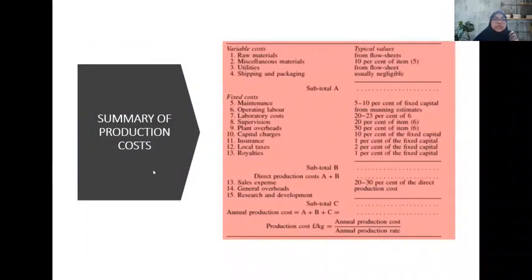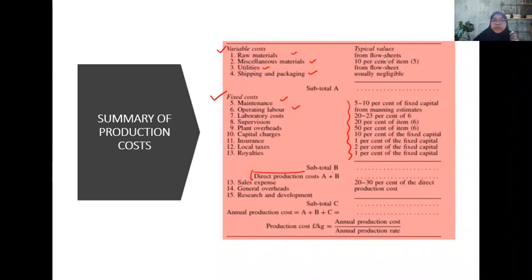Okay, this is the summary for the production cost. By considering the variable cost, including the material, miscellaneous material, utilities, and shipping and packing, and then the fixed costs such as maintenance and operating labor, and then the percentage is given here. And then total A and B give you the direct production cost.